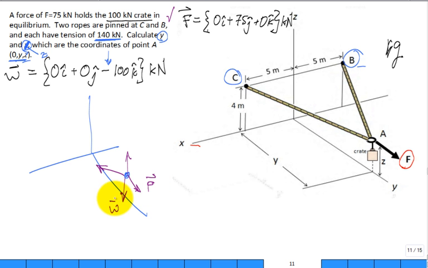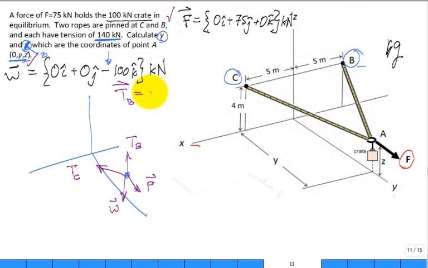The weight, already described. And now I have to have this tension going back to B and the tension going back to C. How am I going to get those as vectors? I know their magnitude of the tension is 140. So help me get the tension in B. How do I calculate that as a vector?